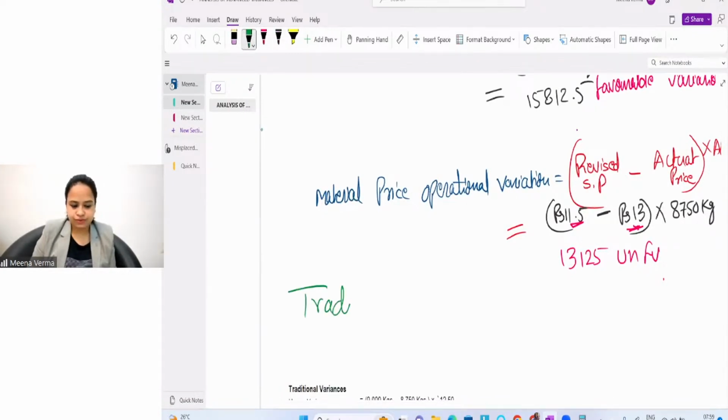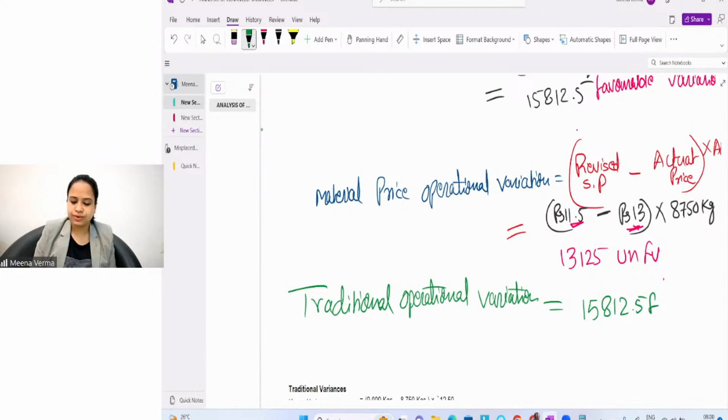Traditional operational variation, right? This will be the sum of these two variations, quantity variation and price variation. So quantity variation is coming as 15812.5 favorable, right?